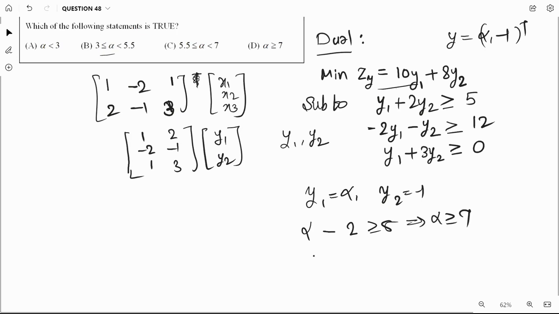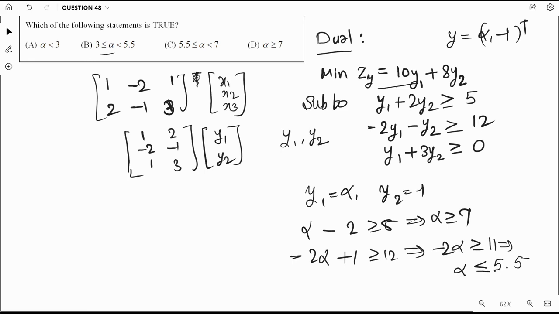The second is minus twice alpha plus 1 greater than or equal to 12, implies minus twice alpha greater than or equal to 11, implies alpha less than or equal to minus 5.5.